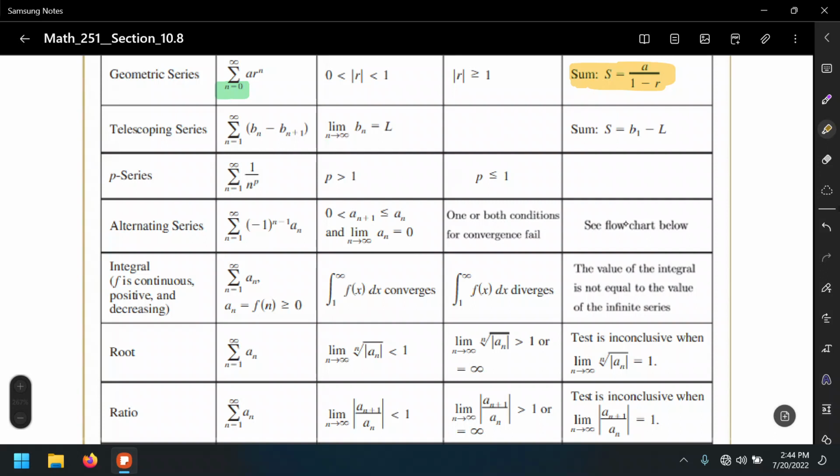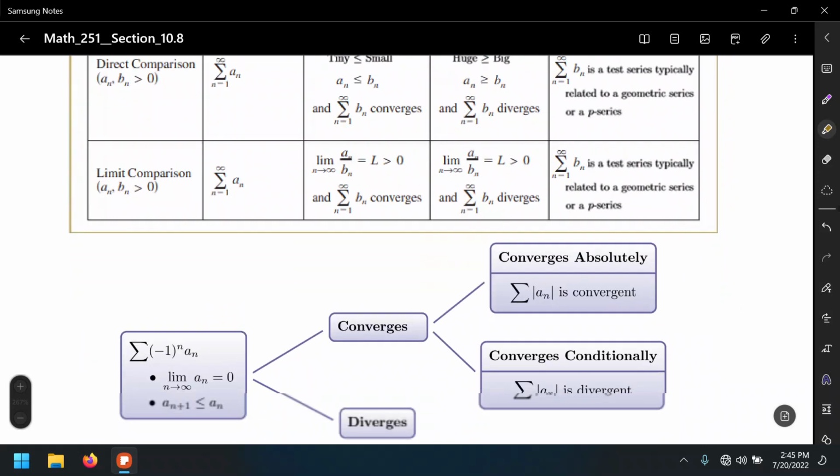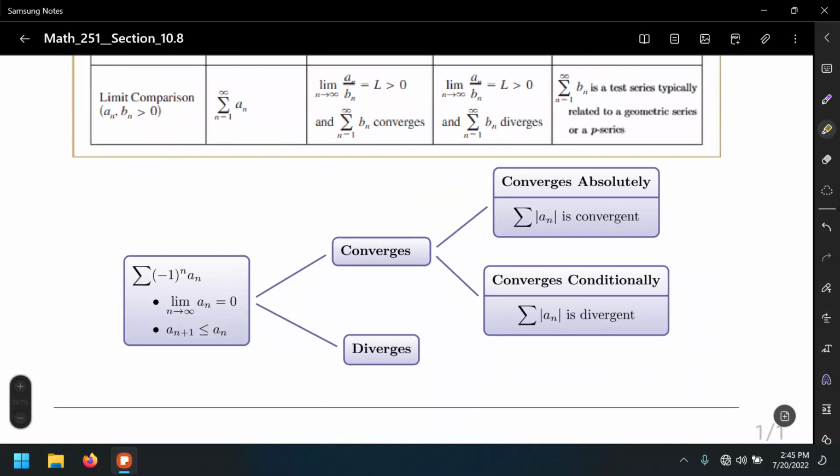Well, comment, see the flow chart below, and below the table, I copied and pasted the same diagram I gave you in the lecture notes. You might want to write it down on your sheet of notes as it is, or if you want to annotate more stuff, of course.